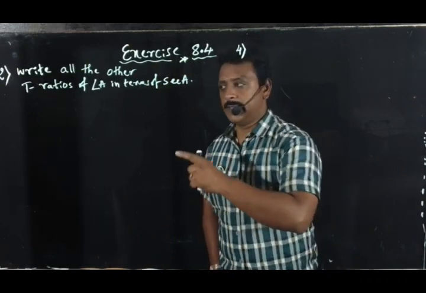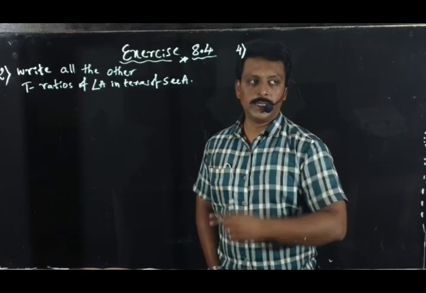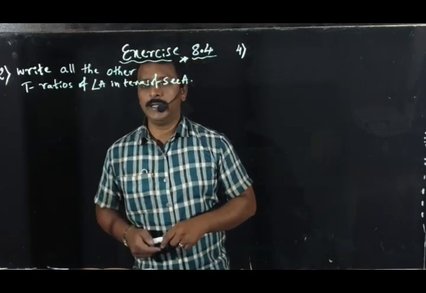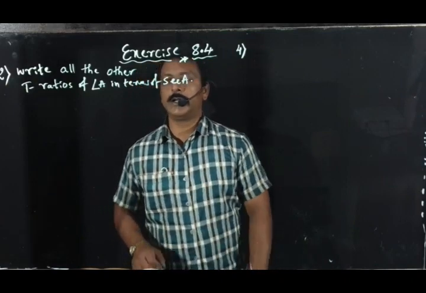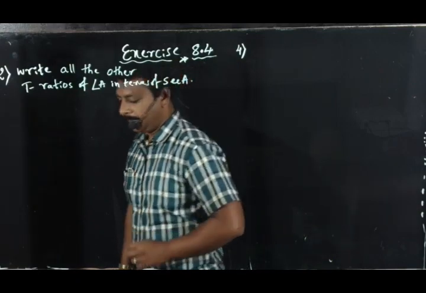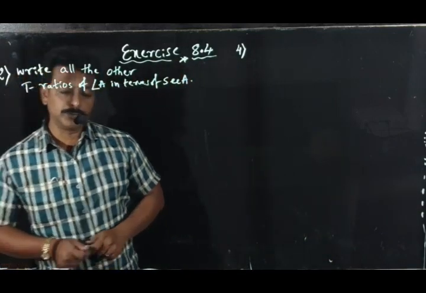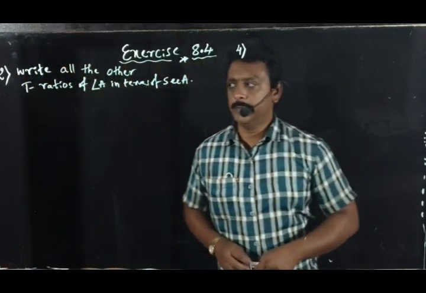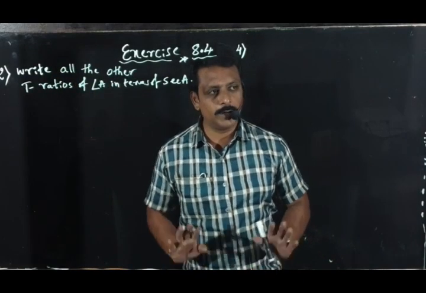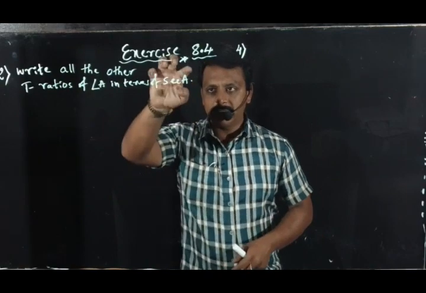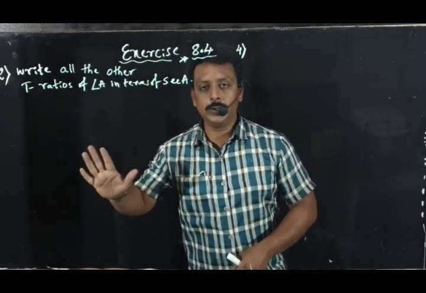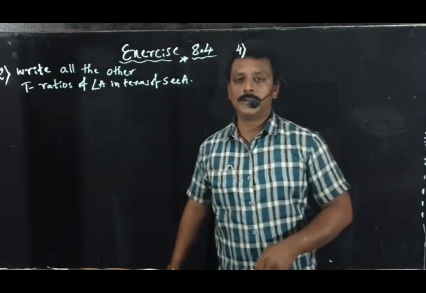Similar to that, the second sum is there, so I have taken the second sum here. The second sum is: write all the other trigonometric ratios of angle A in terms of sec A. Understood what the question is? They are asking you to express all other trigonometric ratios, in the sense except sec A, the remaining 5 trigonometric ratios you need to express in terms of sec A only.